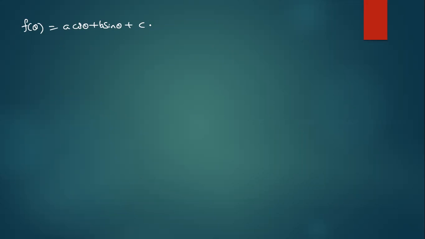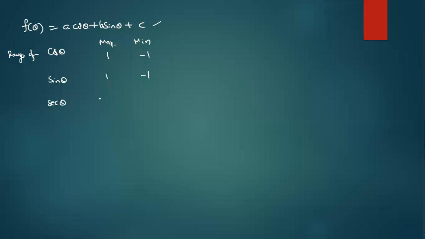Before solving this type of problem, first of all, what is the range of cos theta? Anyone? What is the maximum? What is the minimum? Maximum is 1, minimum is minus 1. Similarly, sin theta: maximum 1, minimum minus 1.